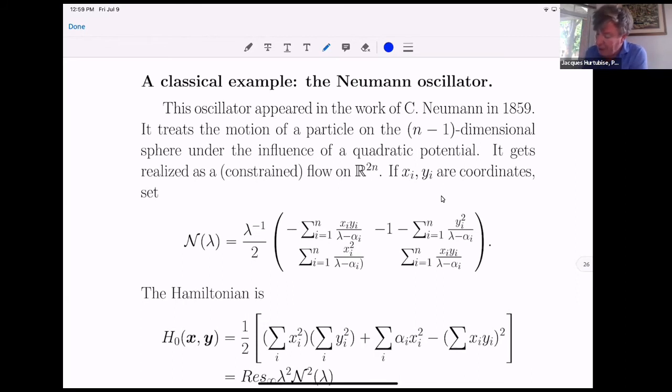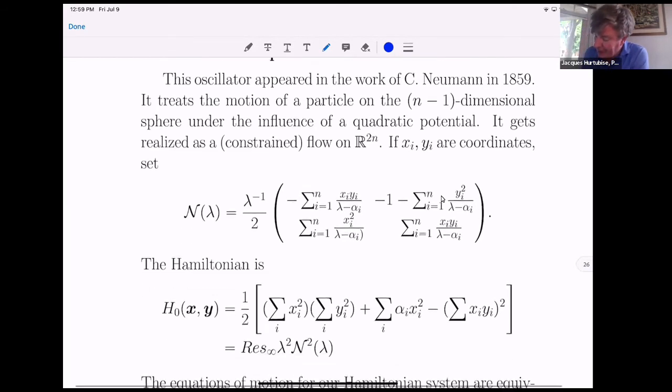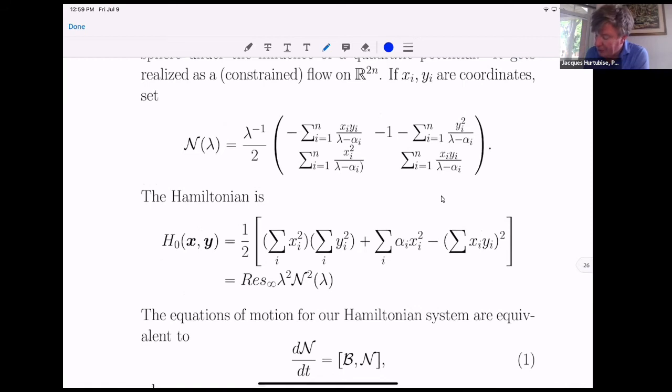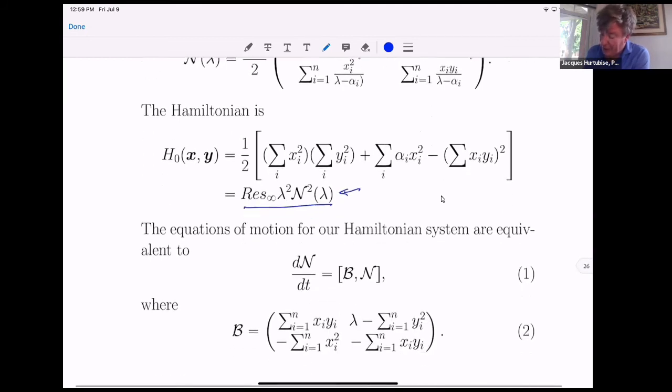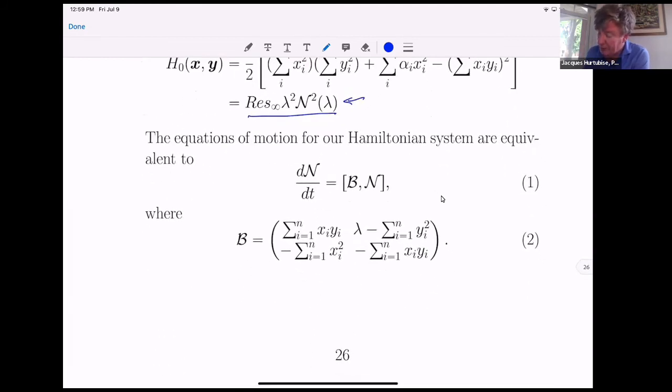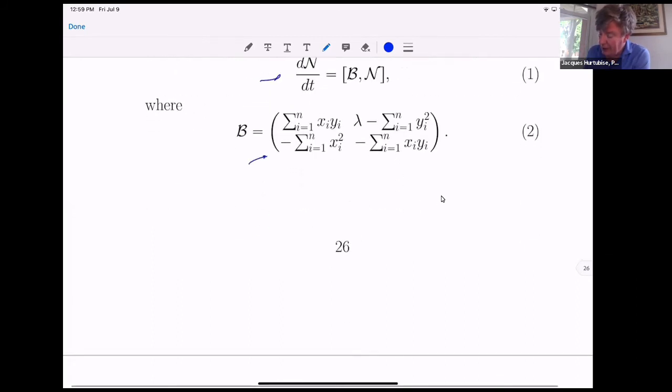But basically, you write a 2x2 matrix from the coordinates that looks like this. Here's your parameter lambda. You've got a Hamiltonian, which, modulo signs and factors of 2, should look something like this. It will have a Lax equation for its flows, where the B is given like this, and you can integrate.